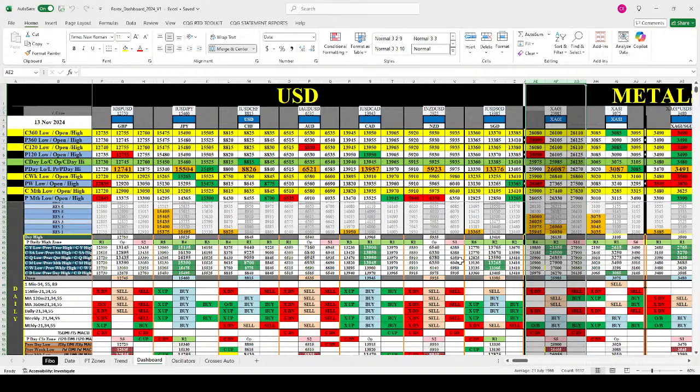Because usually with this kind of data, we'll get a spike, and especially gold and dollar yen, these two can easily move a minimum of about 100 or 150 pips. So that's the reason we don't want to take risks.